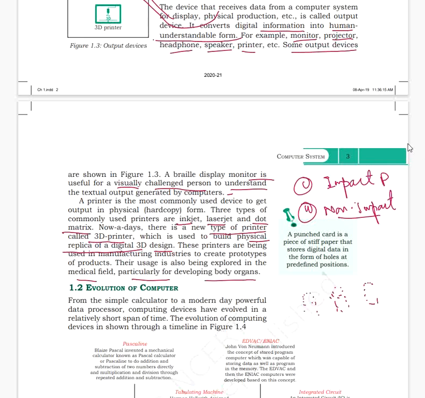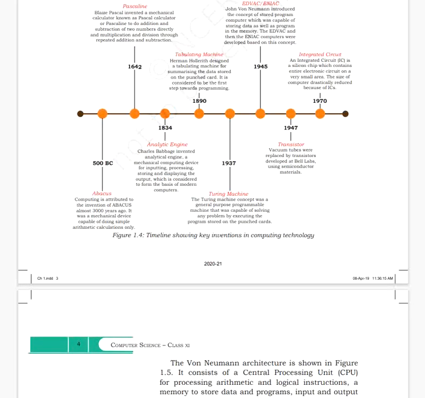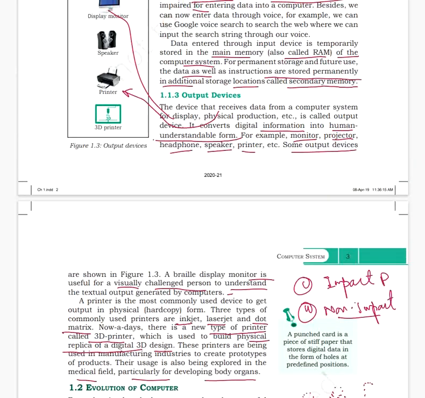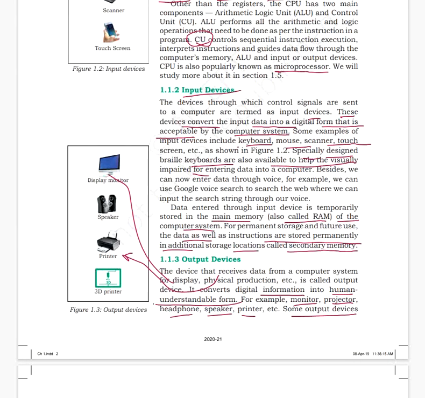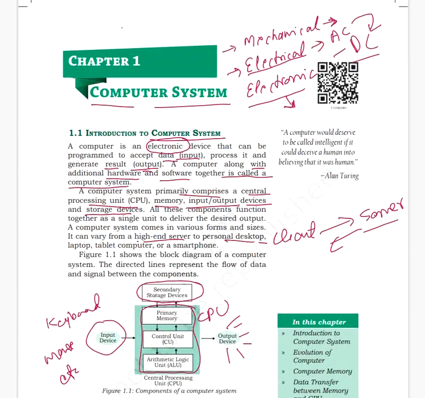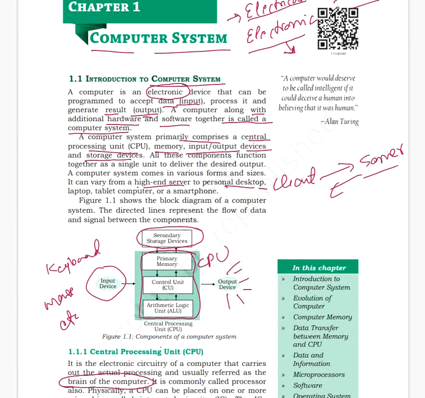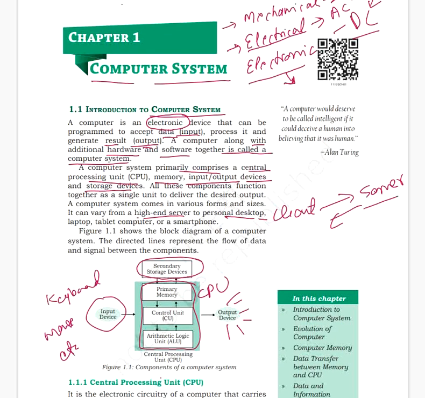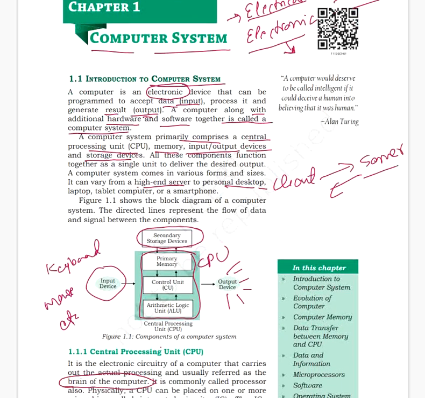So that's about the input, output, and CPU. In this section, once again, we'll take the definition of the computer. It is an electronic device. We have categorized devices into mechanical, electrical, and electronic devices.